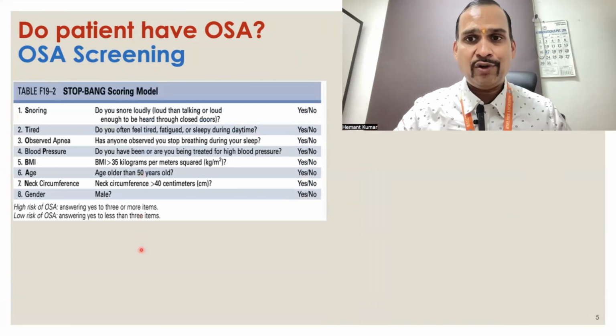Respiratory parameters are very important to diagnose obstructive sleep apnea, like apnea and hypopnea. Apnea means complete cessation of airflow. There's no airflow going inside the body. Hypopnea is a 30% reduction. We have to identify these with the help of a sleep study. Snoring, oxygen saturation.